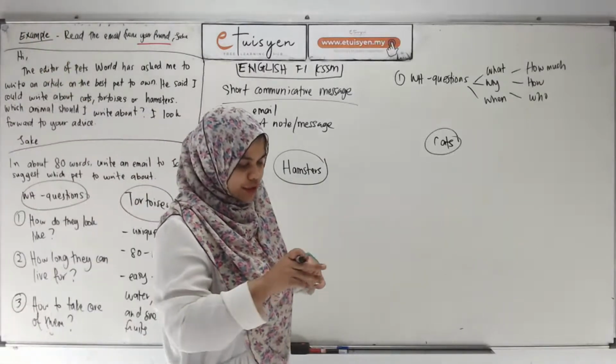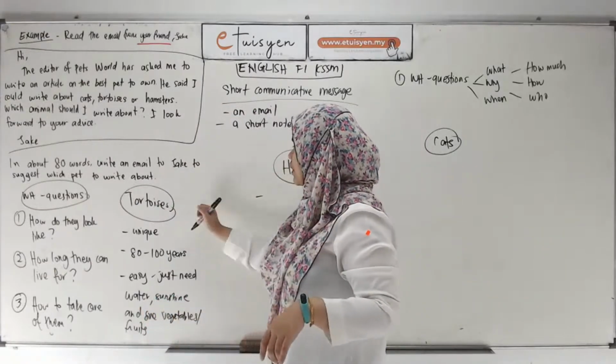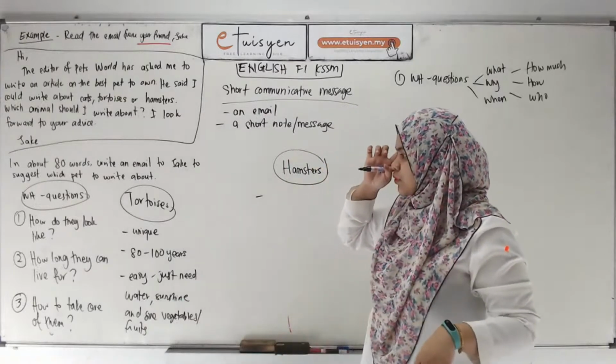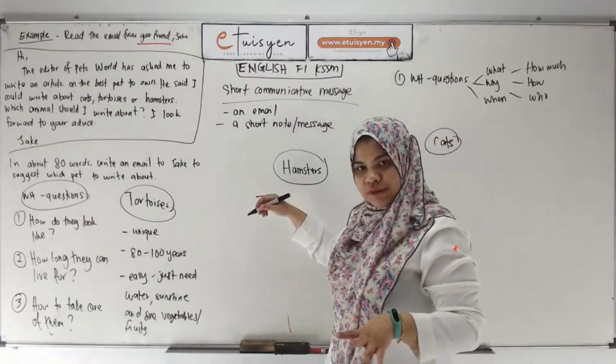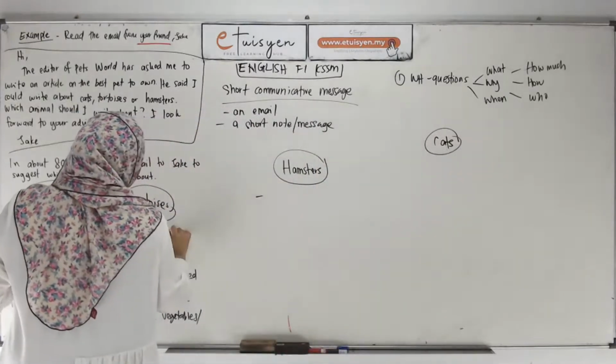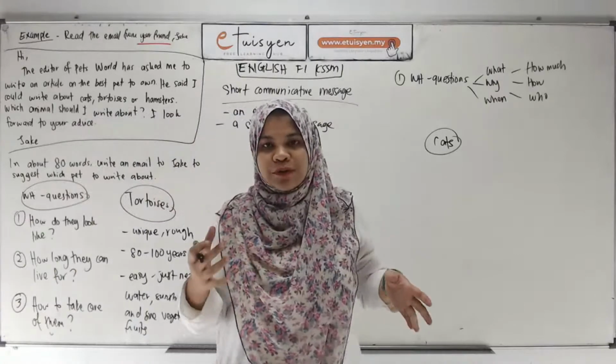Okay, now this is for tortoise. How about hamsters? How do they look like? Oh, unique. Oh, well, tortoise also unique. Another one that I wanted to say is also, they look rough as well. Sometimes you can say they look rough. For the big ones, they look very powerful for me lah.